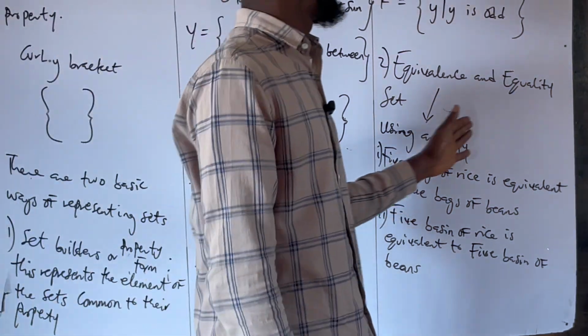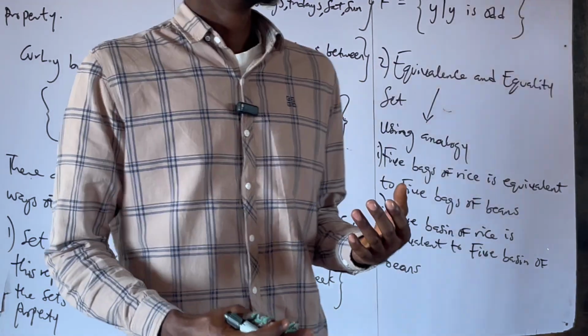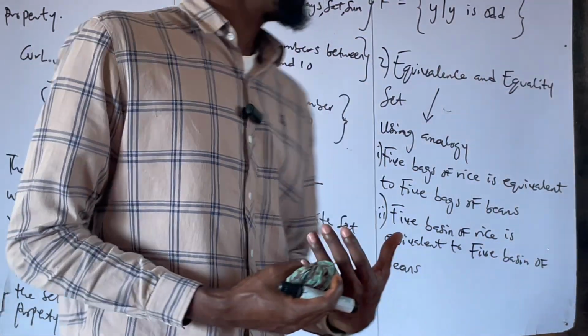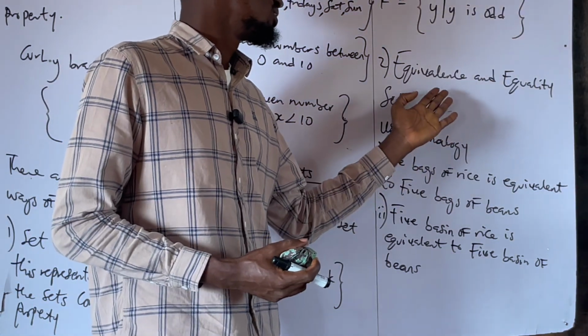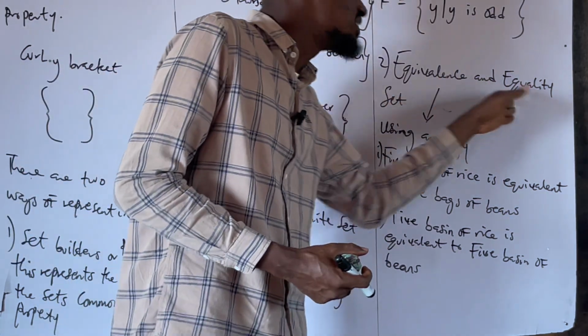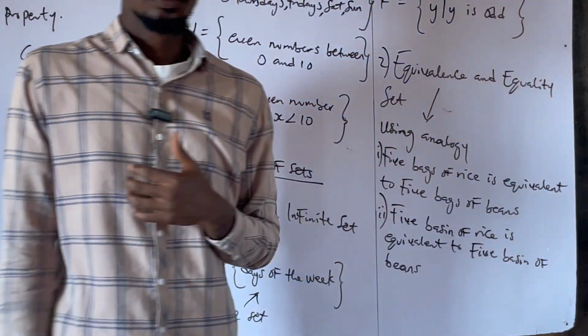I gave an analogy, that is what you see every day, as a concept to make this explicit, because I realize that most students are confused when it comes to equivalence and equality sets.